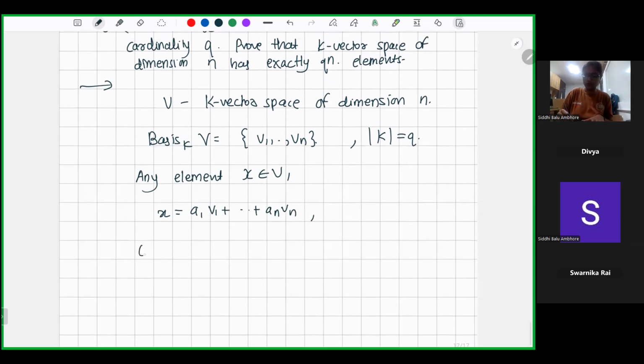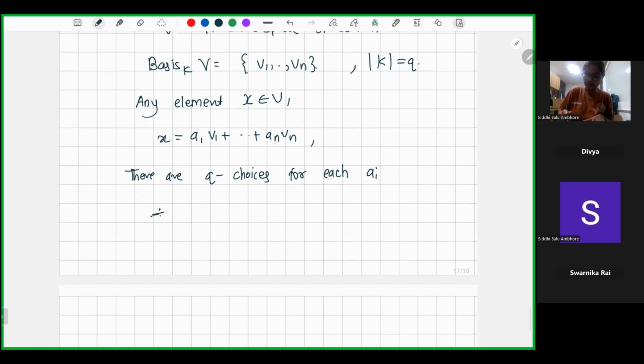There are Q choices for each ai, and therefore the uniqueness of expression for a basis gives us that the cardinality of V will be Q power n.